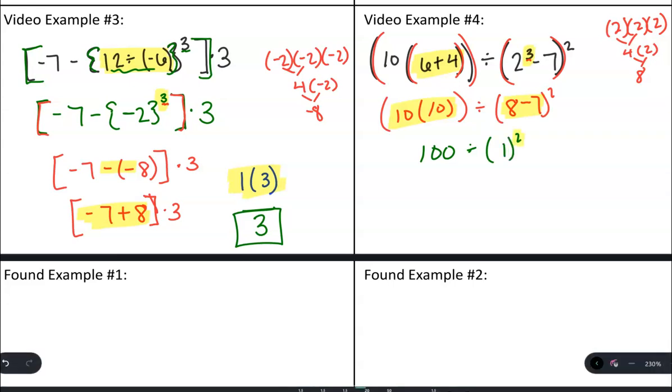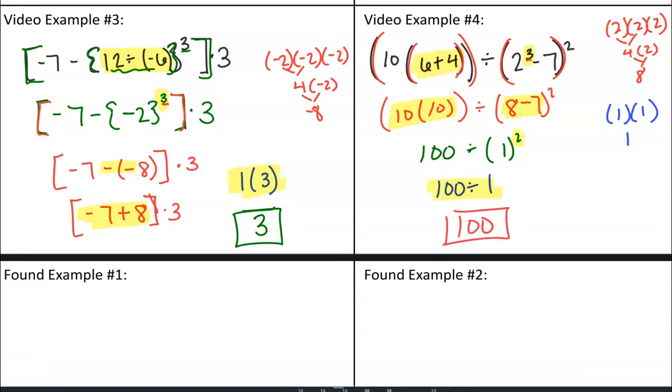Now we can take care of the exponent, because exponents come before division. That is 1 times 1, which is just 1. So we have 100 divided by 1, and we can finally do that and finish off with 100.